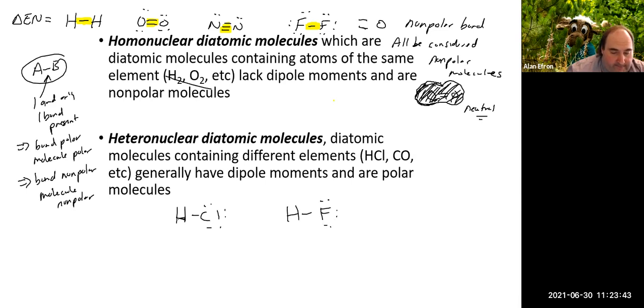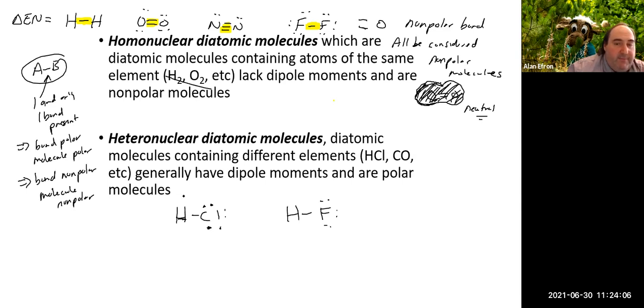But in each of these cases, generally speaking, you will usually end up with a polar bond. If we take a look at HCl and HF, Cl is more electronegative than H, and F is more electronegative than Cl.